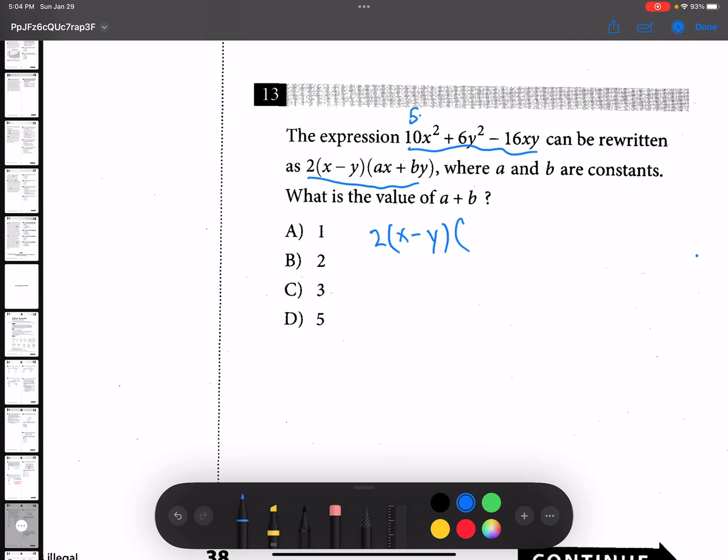So that means we get 5x squared plus 3y squared minus 8xy. If we have that, now what we can do is think. Okay, so if we use, okay, we're basically in this situation, so we can try, I'm not too sure.